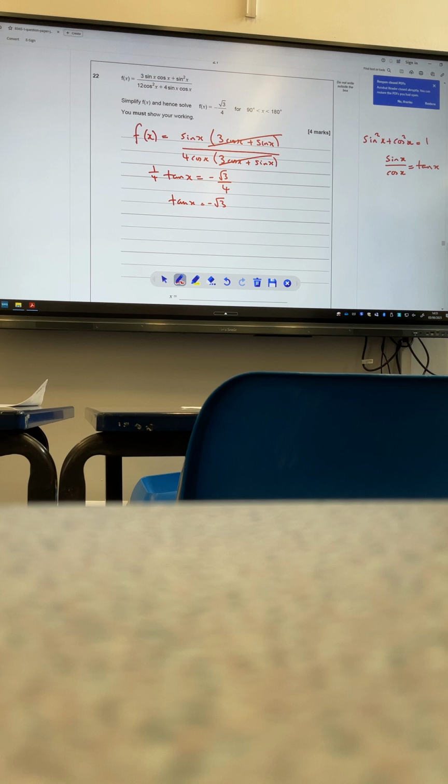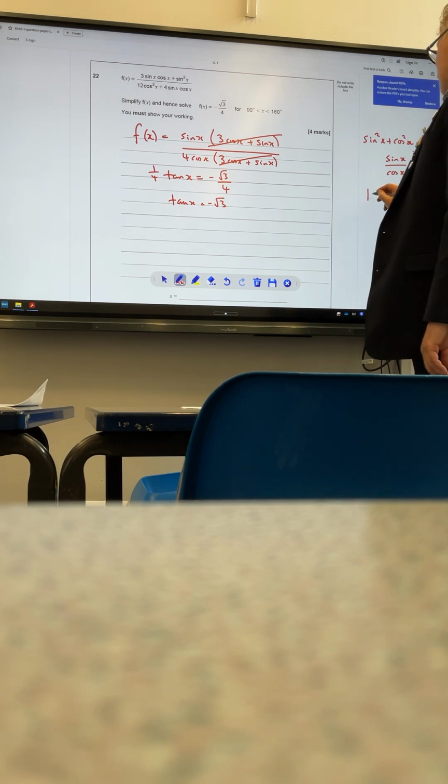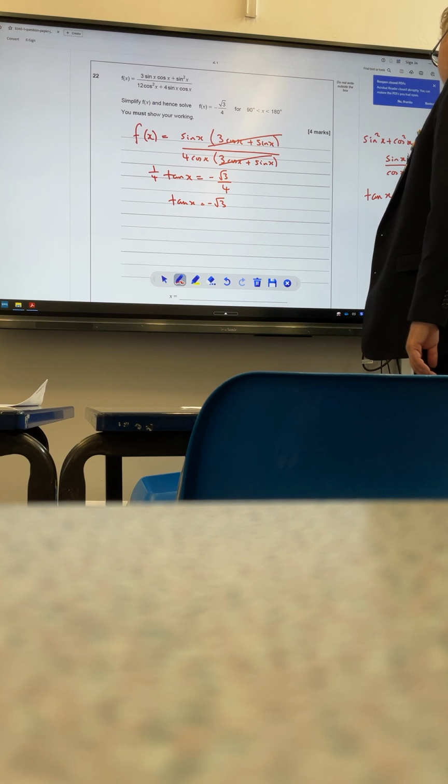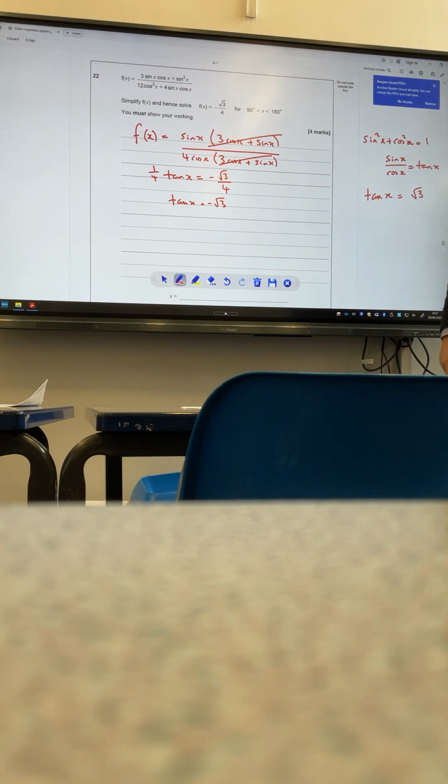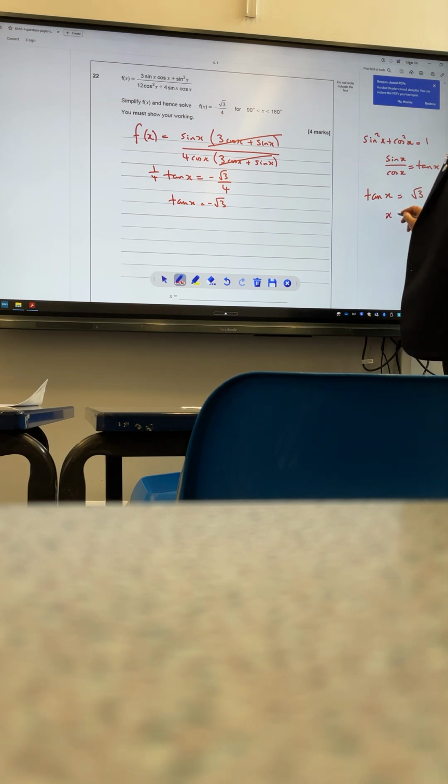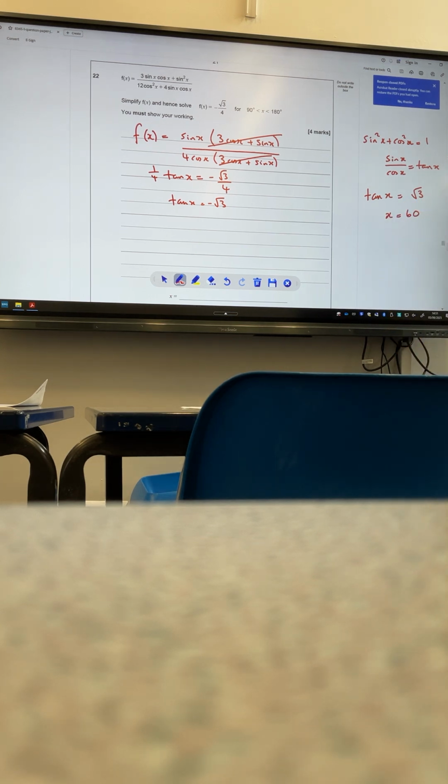Firstly, if I had said tan x equals root 3, do you know what angle we're talking about there? 60 degrees indeed. So tan of 60 is root 3. However, it's minus root 3.